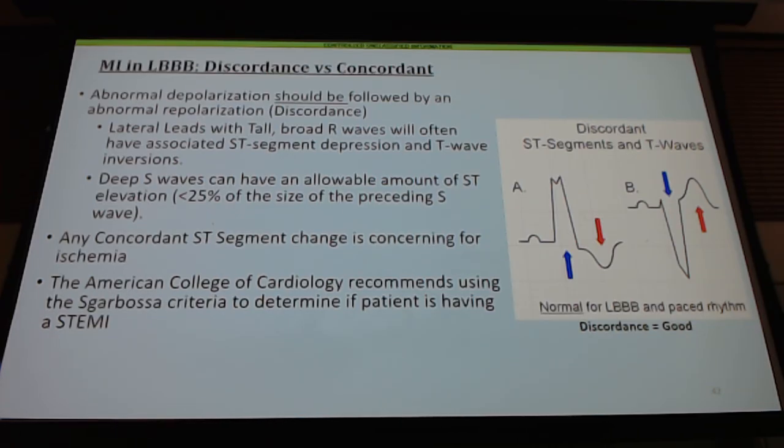And this was a challenge that a lot of cardiologists had to deal with. Dr. Sgarbossa was a cardiologist who came up with this set of criteria to help you with the diagnosis of a MI in somebody with a left bundle branch block, because you're not going to see the normal STEMIs, the ST elevations, in somebody who's having an abnormal depolarizing event in the first place.